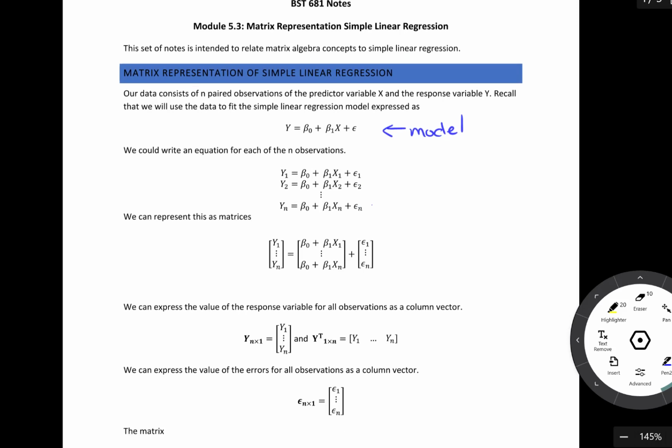And so notice we could represent this as three different matrices. We could view our response variables in a column vector. Also notice this one will be a column vector as well. And then finally our error terms. And so we have these three matrices here.